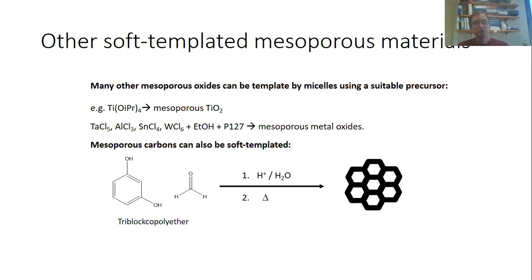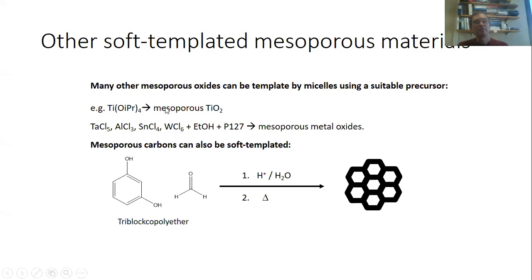So this aqueous templated self-assembly process also extends to many other metal oxides, but it's often technically more difficult to make these kinds of mesoporous metal oxides because they have a different hydrolysis and condensation behavior. So we have to adjust the precursor to the specific hydrolysis and polycondensation behavior of the respective metal oxide.